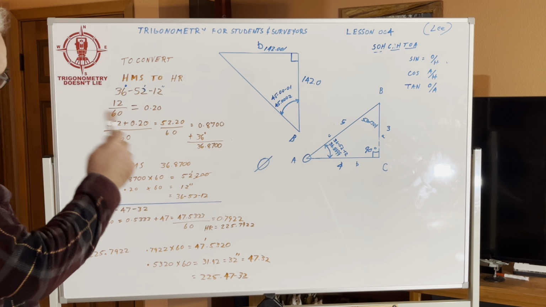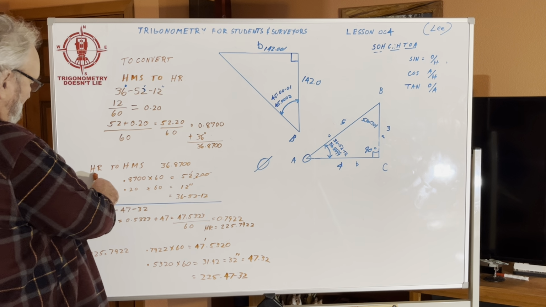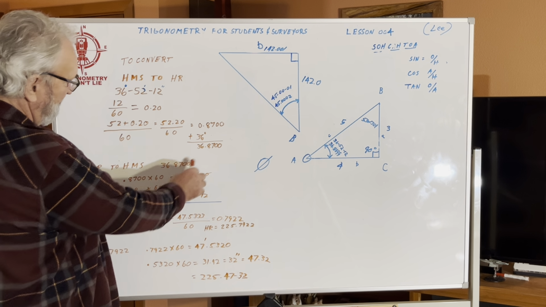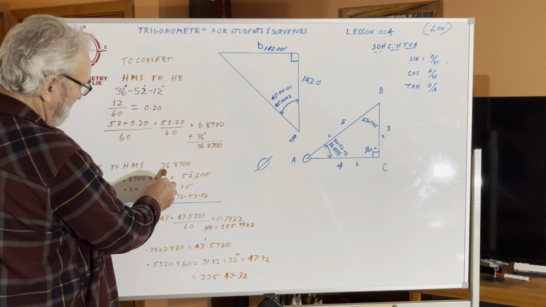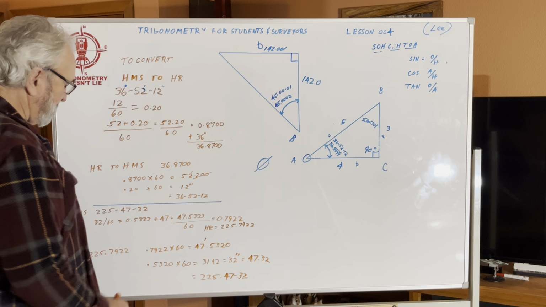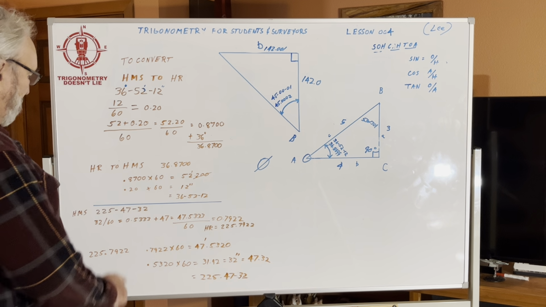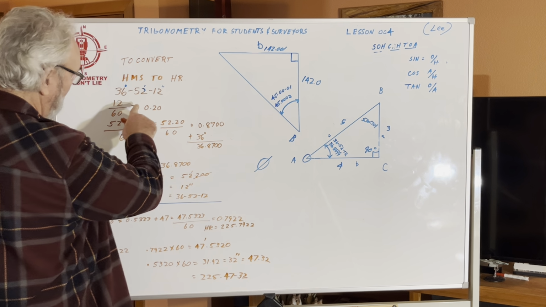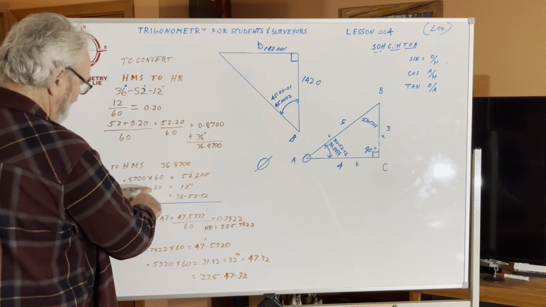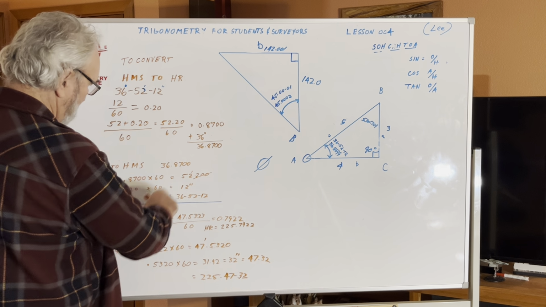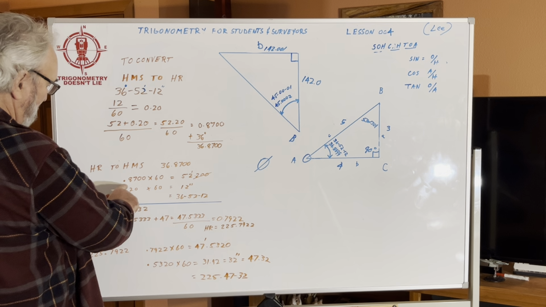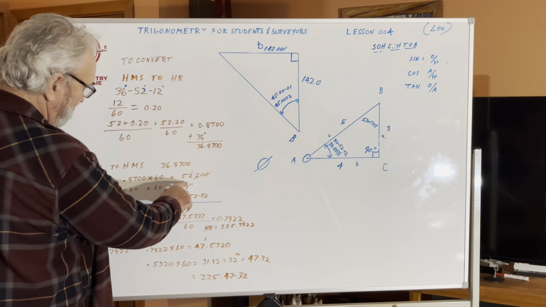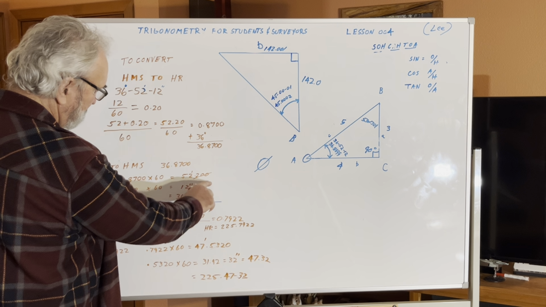Okay, now the reverse of that is decimal degrees to degrees, minutes, seconds. We've taken this number, 36.8700. Now this time we want the decimal, and we're going to multiply instead of divide. So .8700 times 60 equals 52.20.